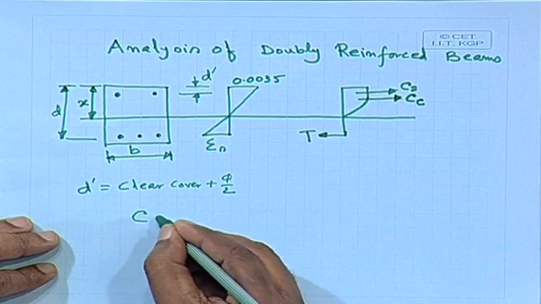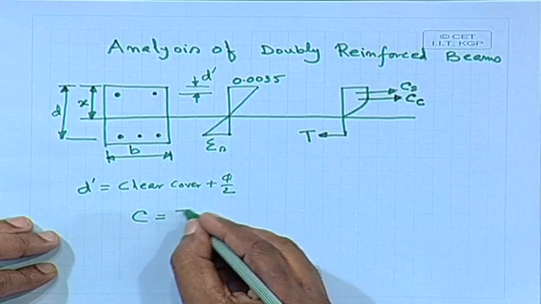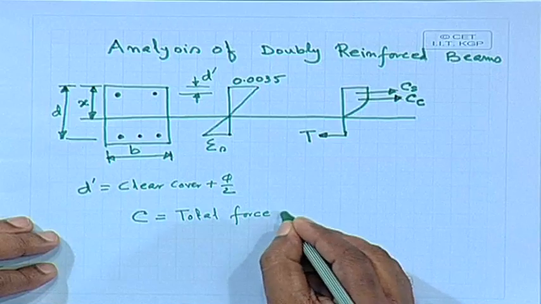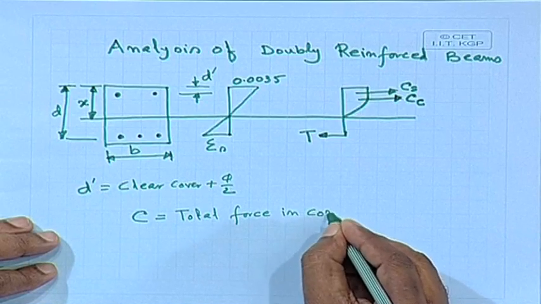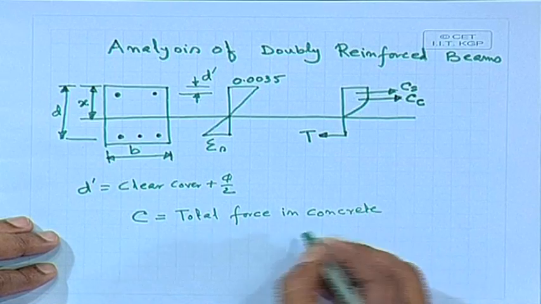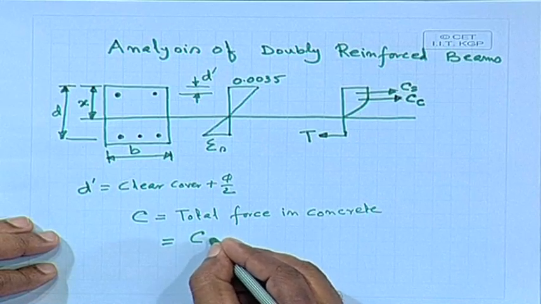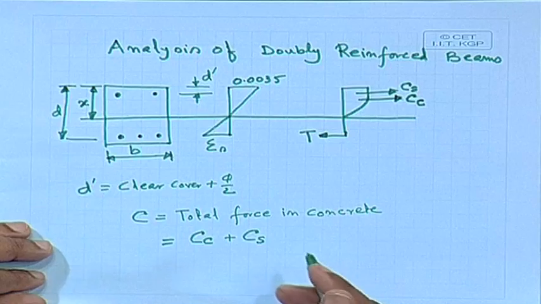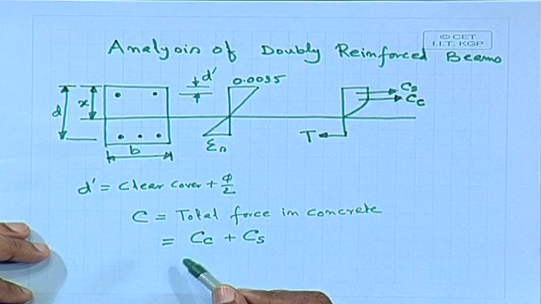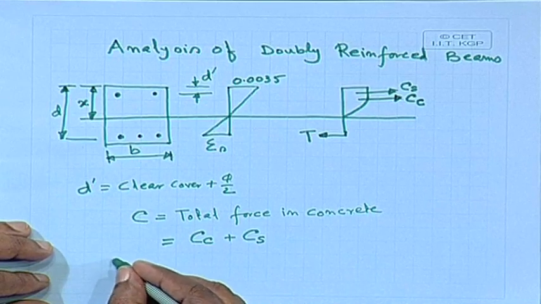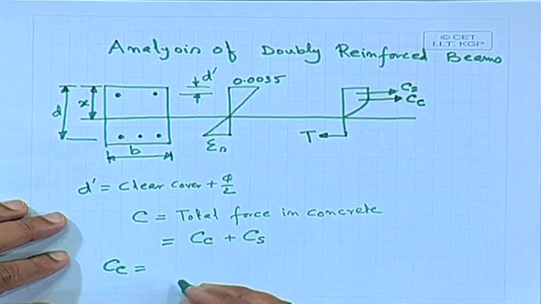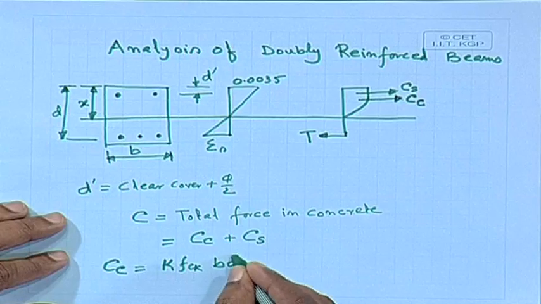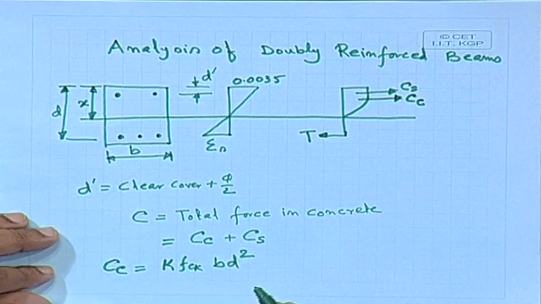Therefore, C total force in concrete equals Cc plus Cs. Cc we can get, say due to concrete failure, I can write down this way: Cc equal to K times FCK BD square. Please check the previous class note.